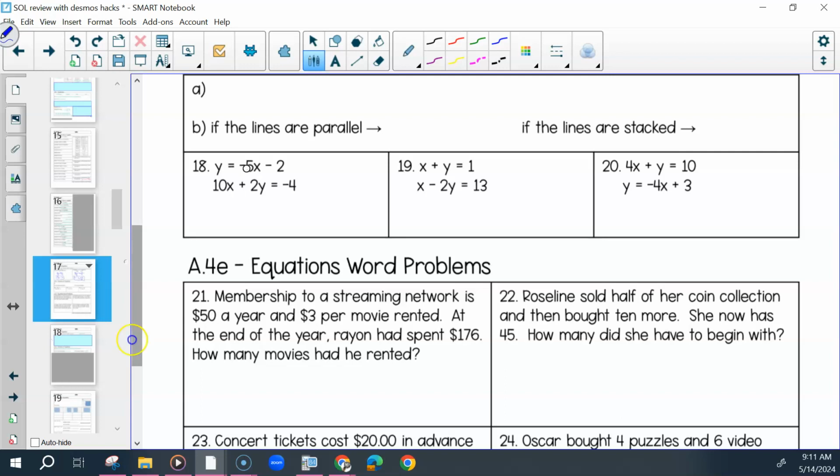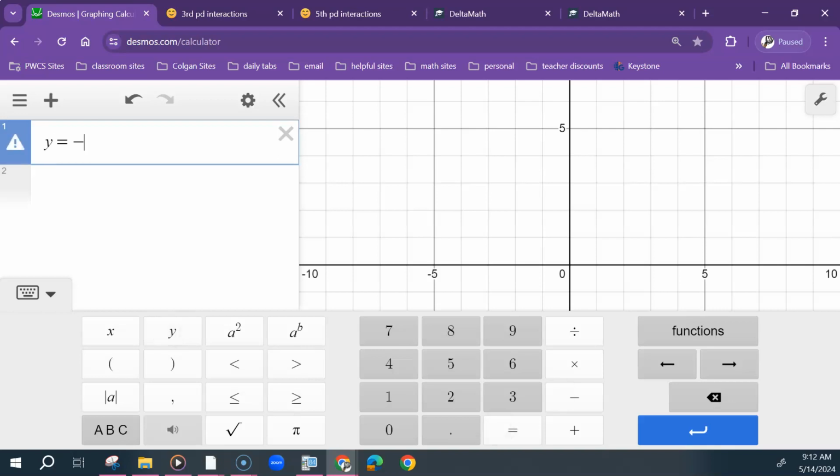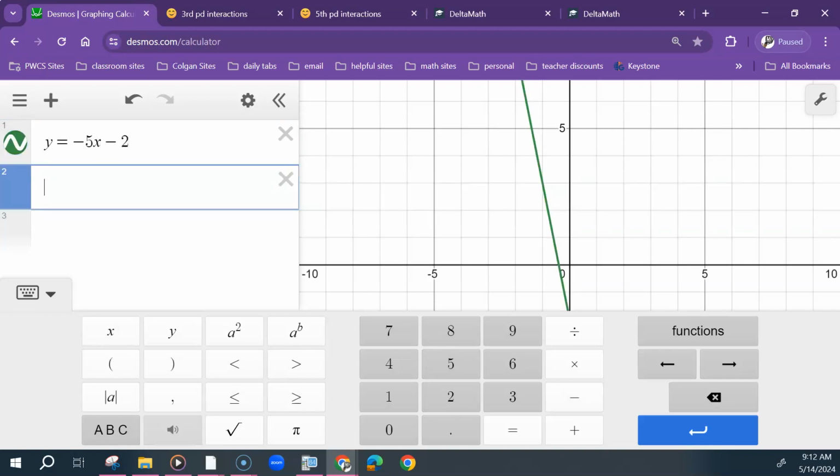So type these two into Desmos. You don't need to solve the second one, you can put it in as is.